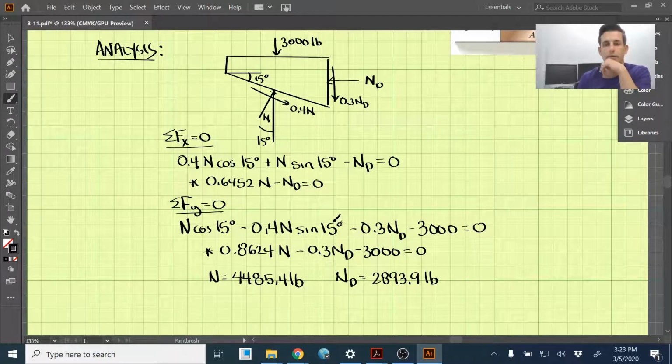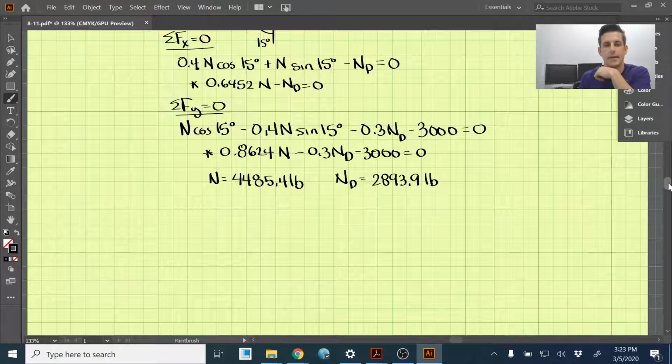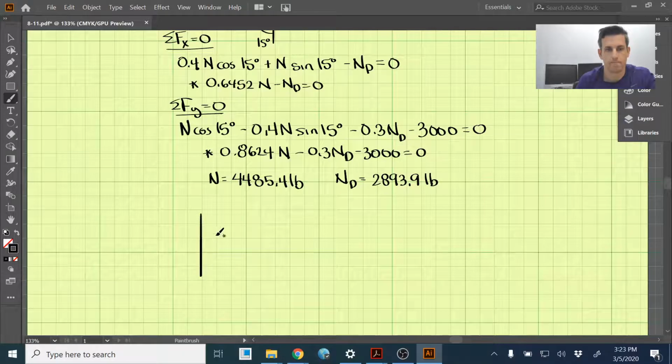Okay, so we have those forces now, and now we need to move to our second free body diagram, which is going to look like this.